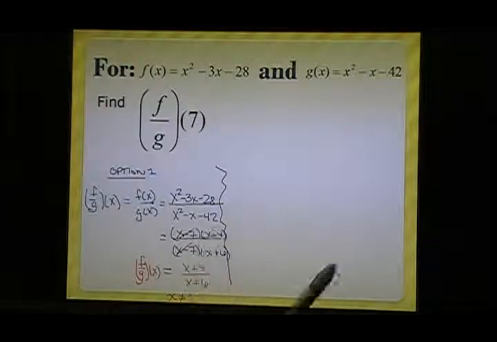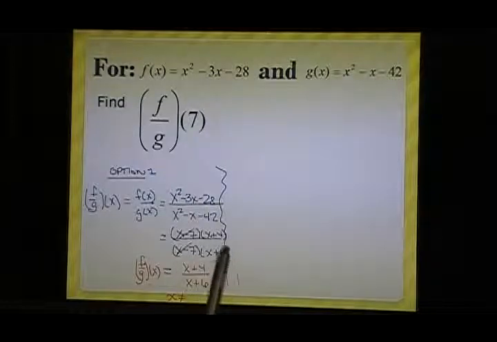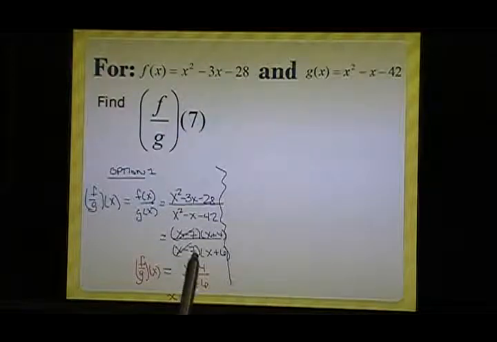And so any number that makes either factor equal 0 will make this product equal 0, and hence will make the denominator equal 0. So based on that, 7 minus 7 would equal 0, so I know that 7 must be excluded from my domain. Also, negative 6 plus 6 would equal 0, so negative 6 would be excluded from my domain.